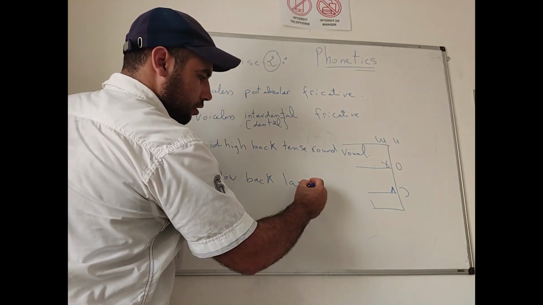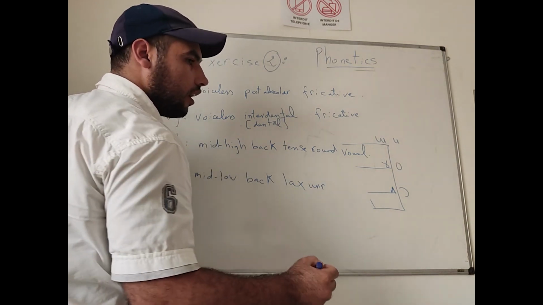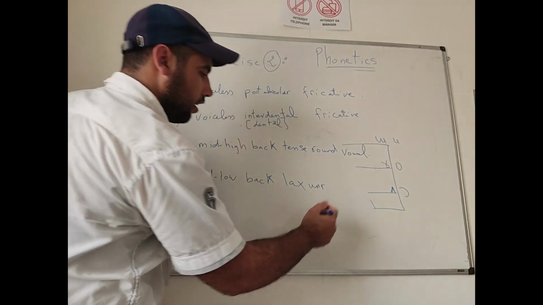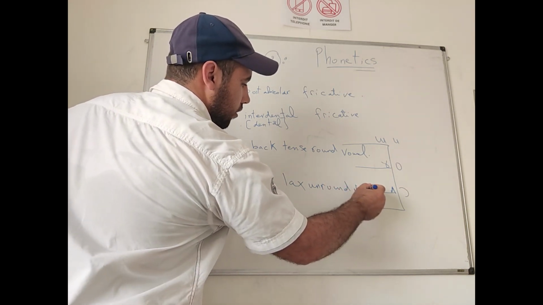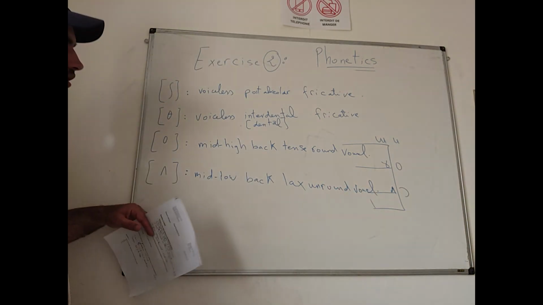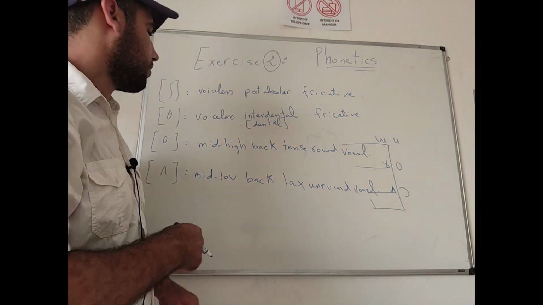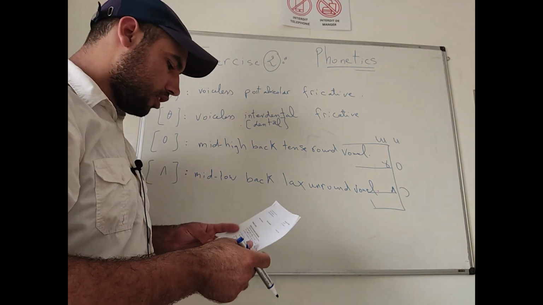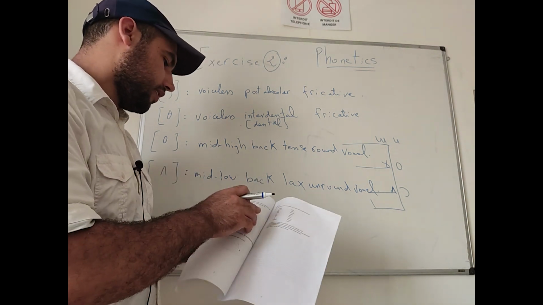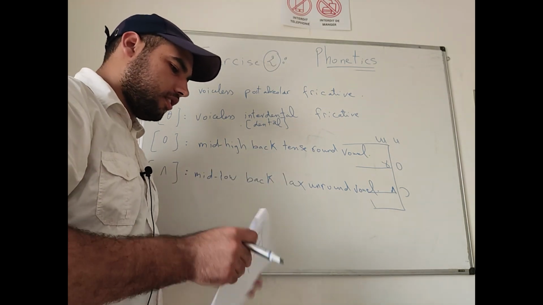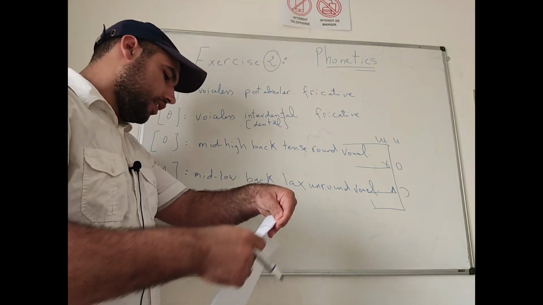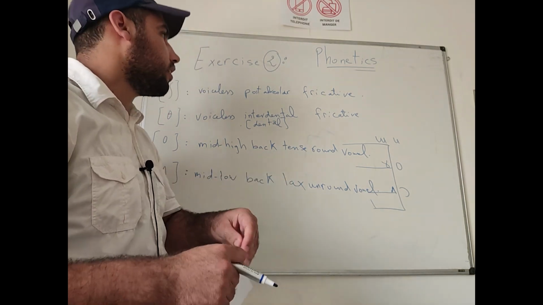And this one is unround because for the A sound we don't round the lips. Unround vowel. Good. So these are the characteristics of these sounds. Now let's move to the other exercise, which is about distinguishing between the sets of vowels and consonants.